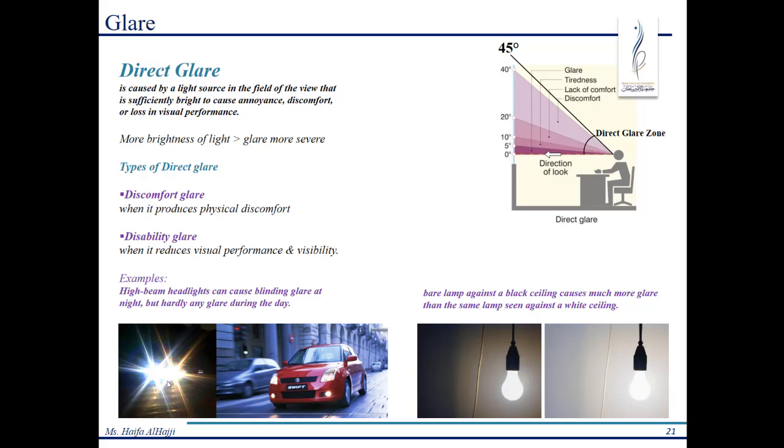So we experience glare when we are looking at it. And here, it's not that bright compared to its surrounding. It's almost the same brightness level. That's why we don't actually perceive it as glare. So, as we can see in here, the more brightness of light, the more severe the glare. The more the brightness of the light, the more glare we are experiencing.